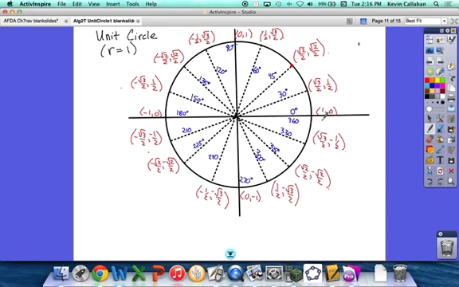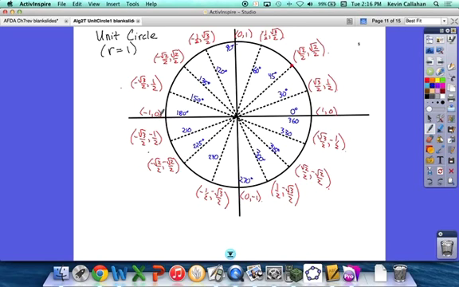I'm not actually making special right triangles anymore. We use that to explain where it came from, but we don't need that anymore. How about in this quadrant? Start with x equals 0 here, and now they're going to be negative, but in an absolute value sense, they'll increase: 0, negative 1/2, negative root 2 over 2, negative root 3 over 2, negative 1.